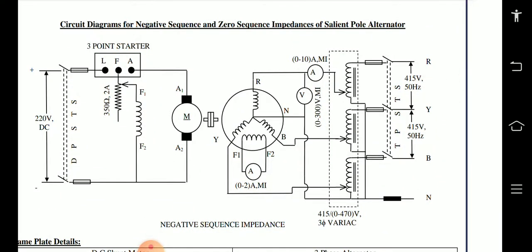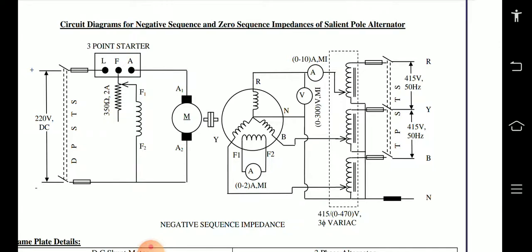After that, we can change the excitation by means of the three-phase variac, that is the auto transformer, on the alternator side, and obtain the voltage and ampere with the help of the voltmeter and ammeter.